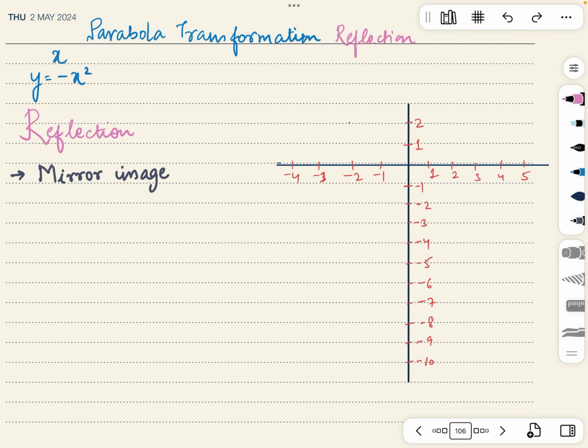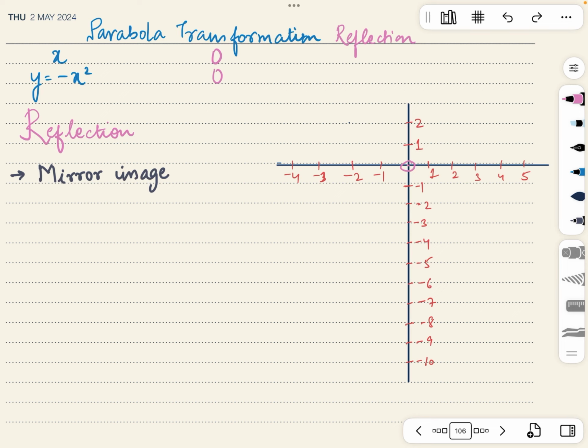The first transformation is that of a reflection. That means if I have formed y = x², now I'm going to form a parabola that represents y = -x². Let's again put the values. At 0 of x, x² would be 0 and -x² would be 0 again. So at 0 we are going to get 0, that's for sure.